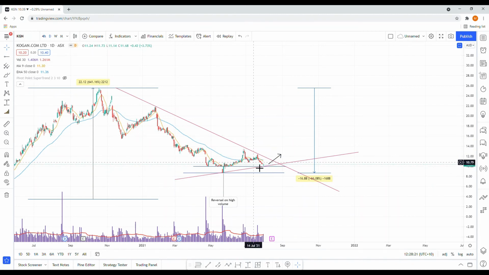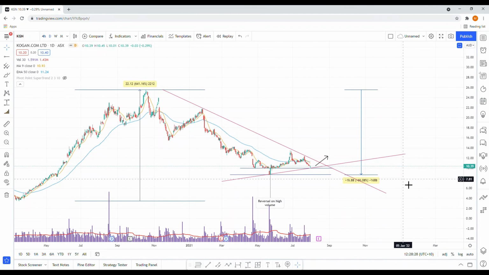It is forming another higher low rather than a lower low. So at this stage I would wait a little bit more just to make sure it is going in the right direction, because it may come here then crash further. So I would wait a few weeks to get the confirmation to see where it is going.